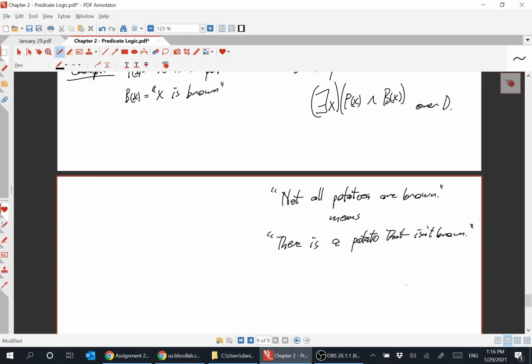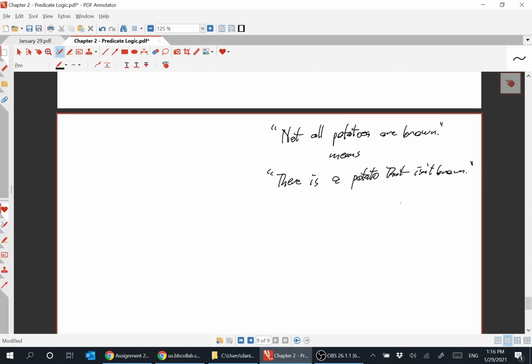Right? A yellow potato or a white potato or whatever. There exists X, there is a potato that isn't brown. There exists X and it's not brown. So not all is the same as there is.